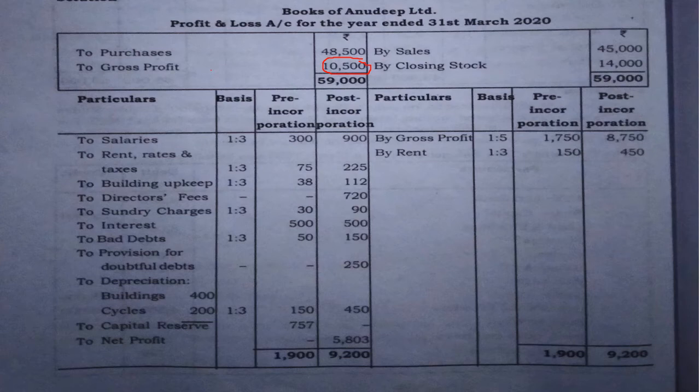Then the closing stock, which is given in the adjustment, additional information, first point. So the balancing figure, gross profit.